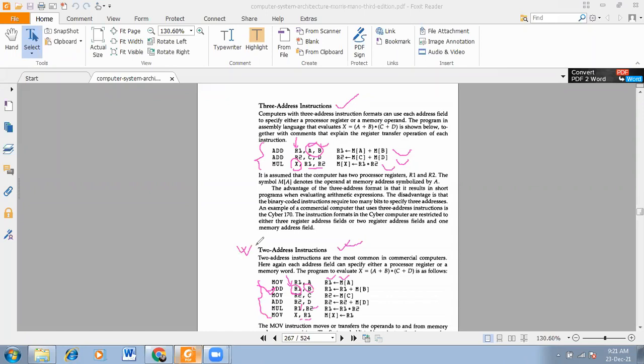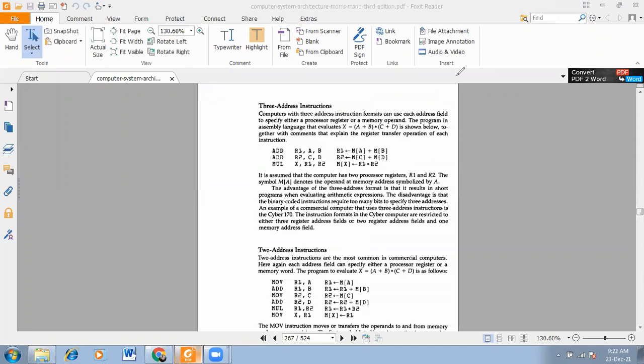Correct, so this is the way. I think this is clear to you. What is 3 address? What are 2 address instructions? The meaning is how many addresses you are involving in the instruction part.